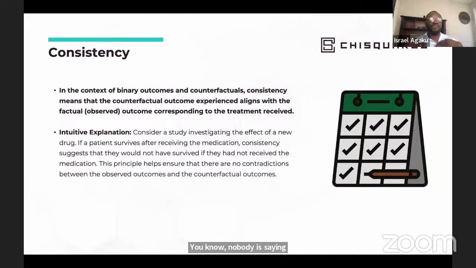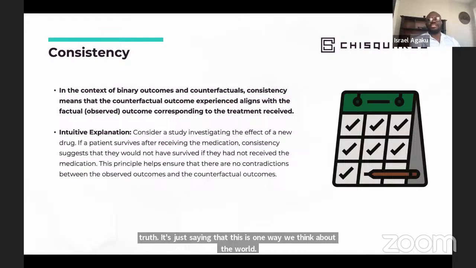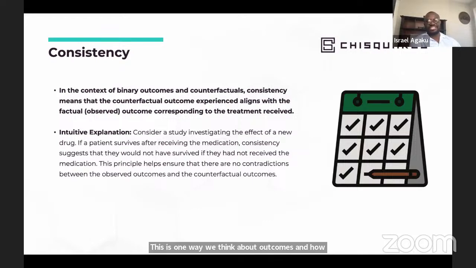It's just saying that this is one way we think about the world. This is one way we think about outcomes and how we can measure them, right? Nobody is even remotely suggesting that this is the word of God or the definitive truth. Remember, all models are false, some are useful. So that's the framework you have to approach these things.